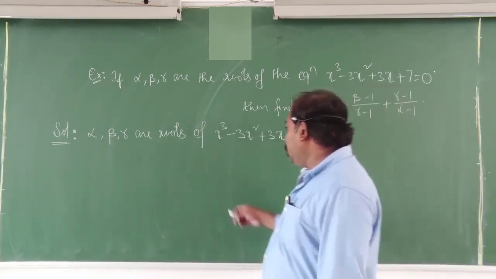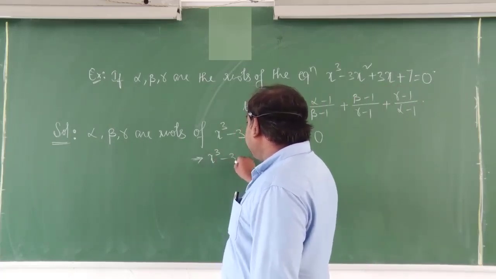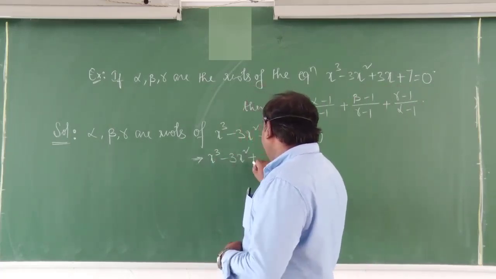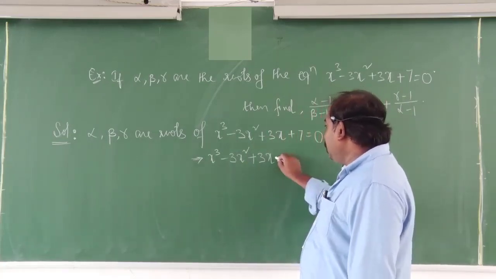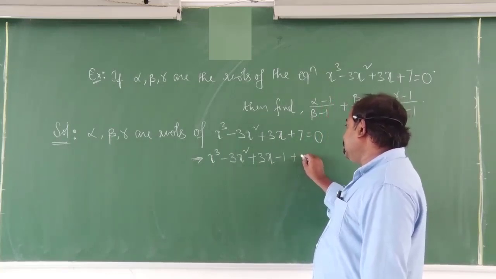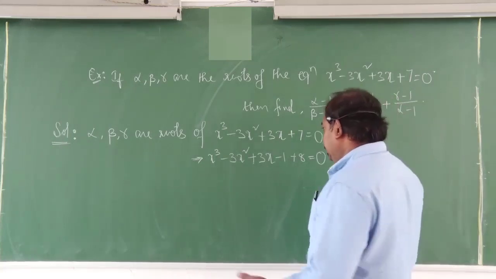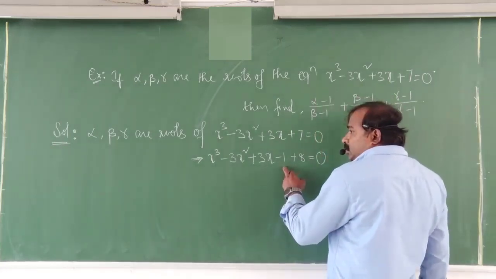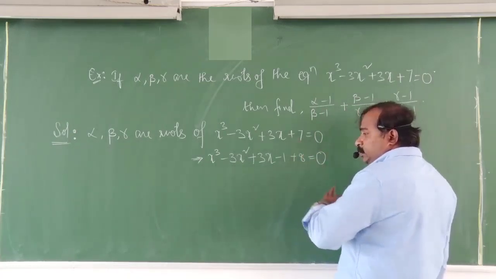I can modify the equation as x cube minus 3x square plus 3x minus 1 plus 8 is equal to 0. Can I write like this? I am subtracting 1, so the same thing I am adding, so automatically 7 plus 1 is 8.